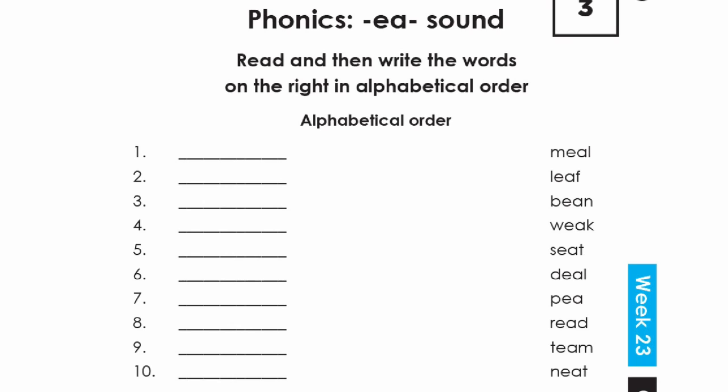Now we know if we have to put something in alphabetical order, it means we start with A, B, C, D, E, and so on. Now let's have a look at the words on the right. What are the words that we have to put in alphabetical order?